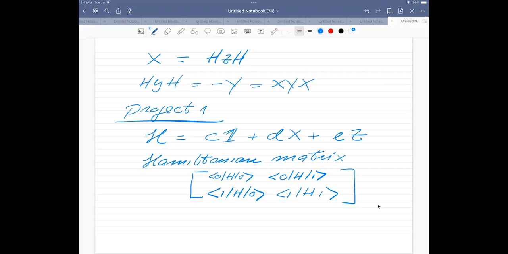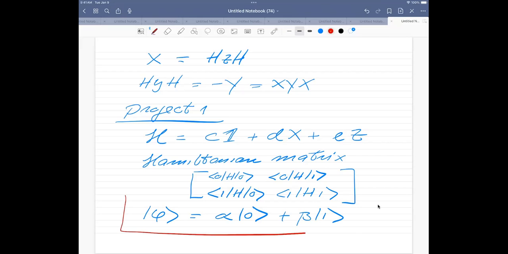Now, in general, the state which we are going to set up, the state phi, which is the ansatz for the system, is going to be a linear combination, for the 2x2 case, of the computational basis state 0 plus the computational basis state 1. So this will be our ansatz for the trial wave function.